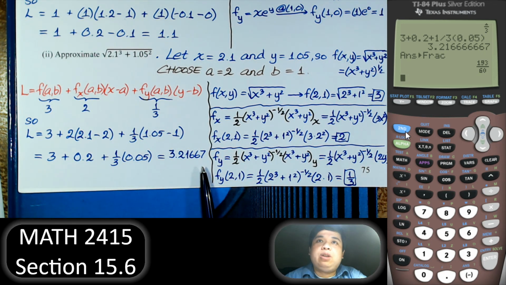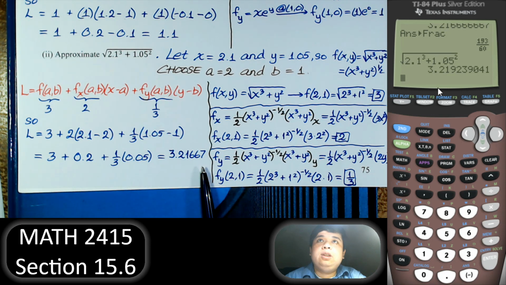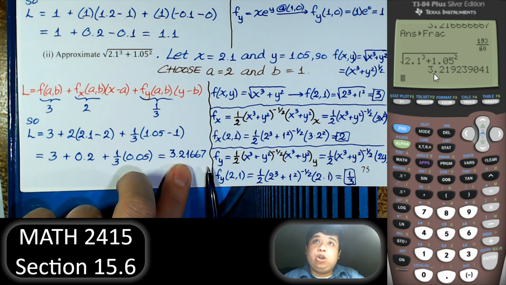What is the exact value if we have the square root of 2.1 cubed plus 1.05 squared? To see, I have 3.21667, and the exact value is 3.219 something.